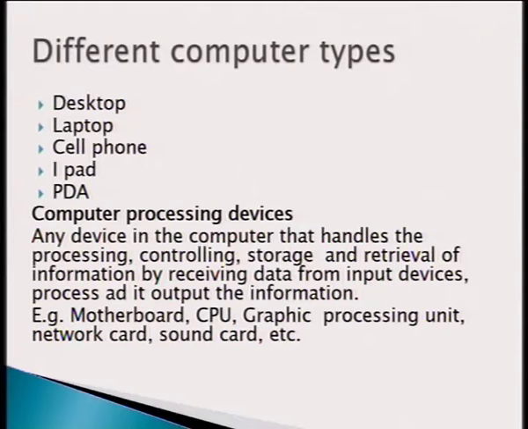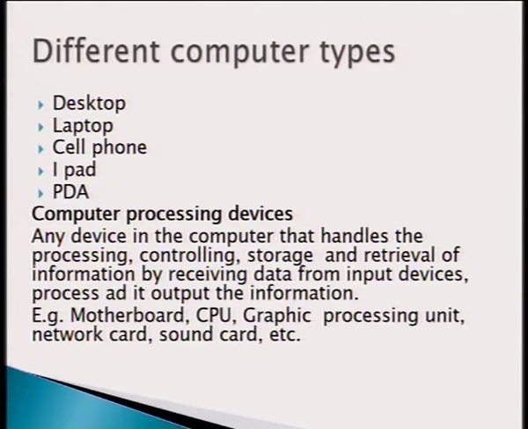These are devices that handle the processing, controlling, storage, and retrieval of information by receiving data from input, processing it, and outputting the information. Basically, these are the devices that execute the instructions of the computer.